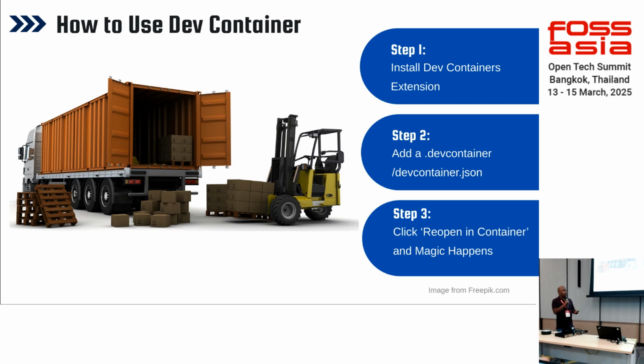Once you have a devcontainer.json, Visual Studio will automatically detect it and ask if you want to reopen in a container. Once you click on that, boom, the magic happens. You will be up and running with the dev container with all your files mounted inside the container. You'll be able to edit the files as is in the host, and it will be reflected in the host as well because it is mounted as a folder.